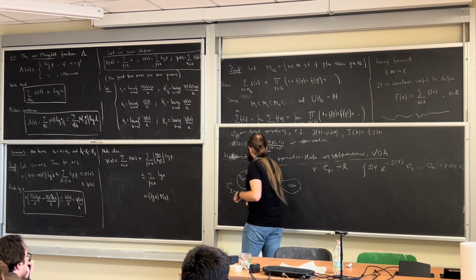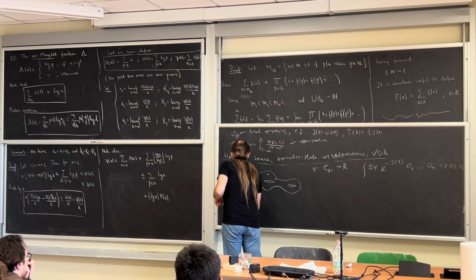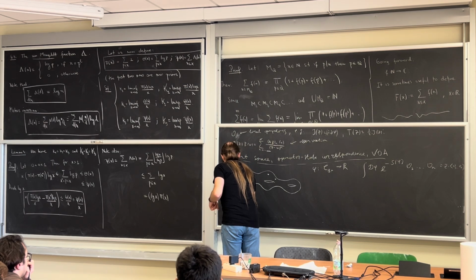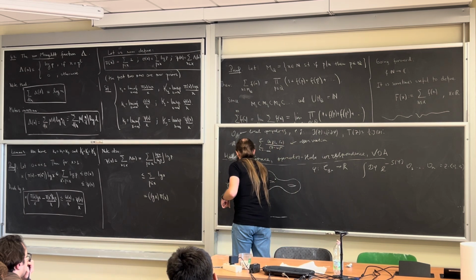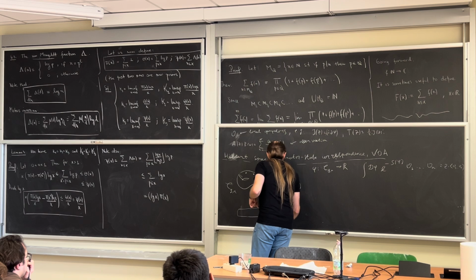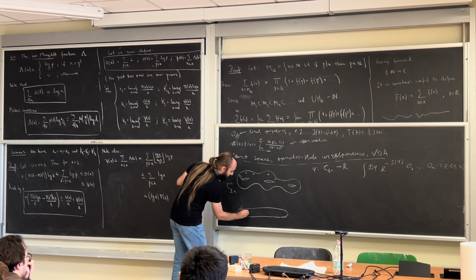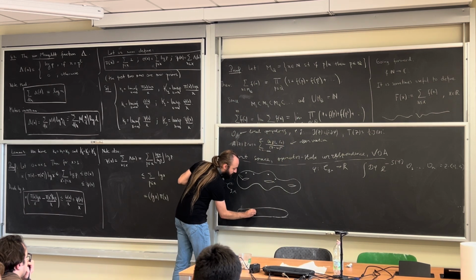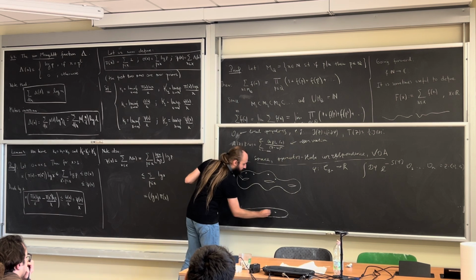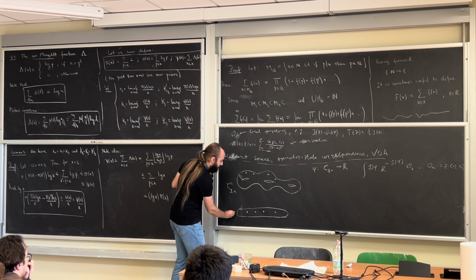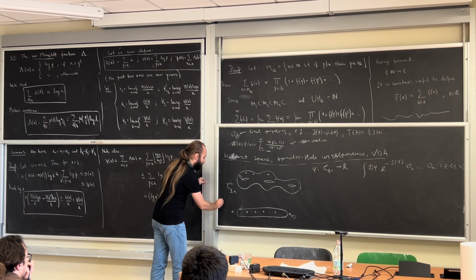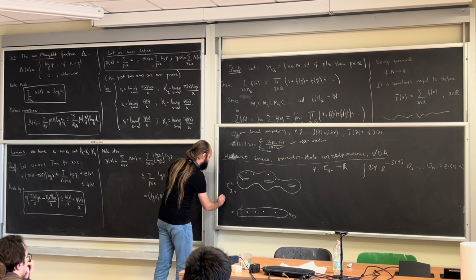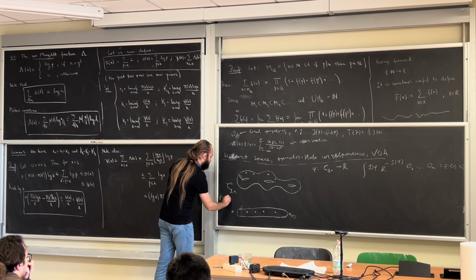So just a sphere, and there are some operators sitting in some points, and here are 0 and infinity. So it is CP1 minus z1 and so on zn.